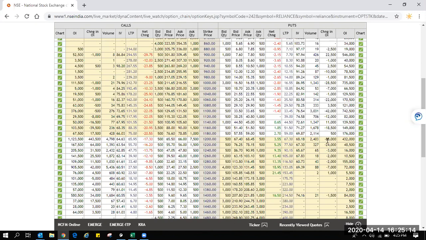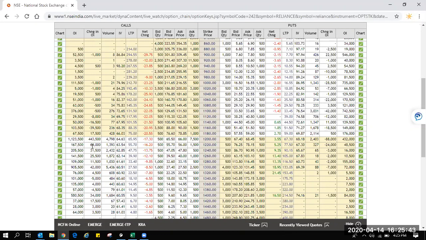But if the positions are added in 1200 and 1220 strikes, that means it has a support of 1220 and 1200 also. Similarly, if there is no position added in the puts, that means the fall will come anytime in the stock. So please understand the difference.